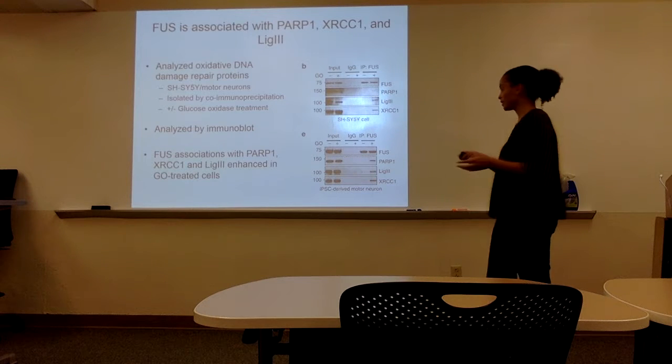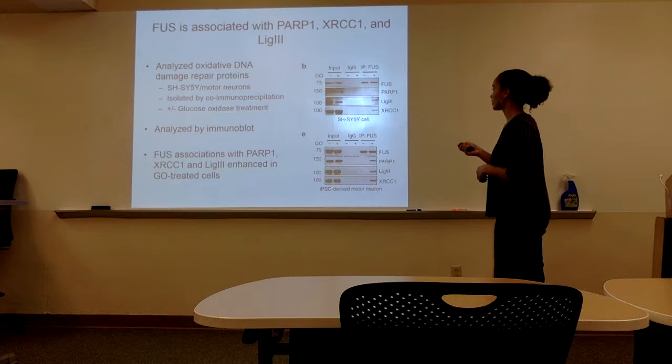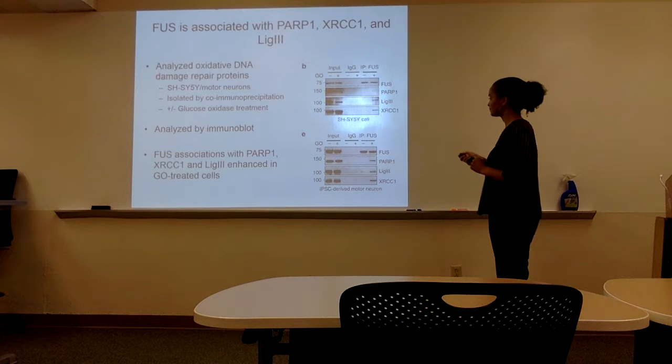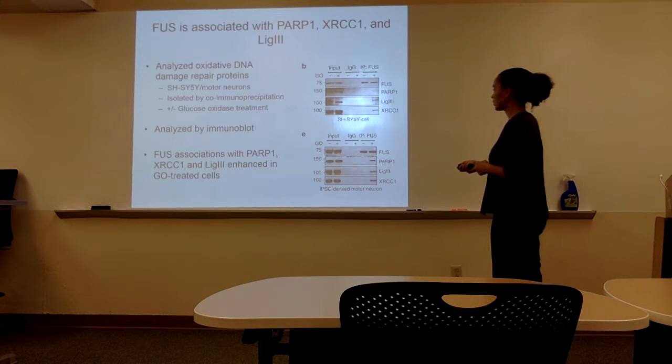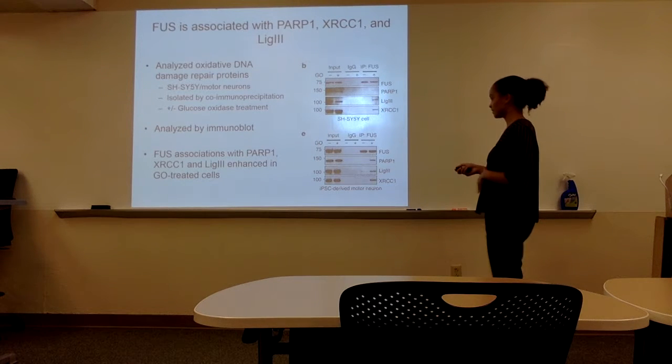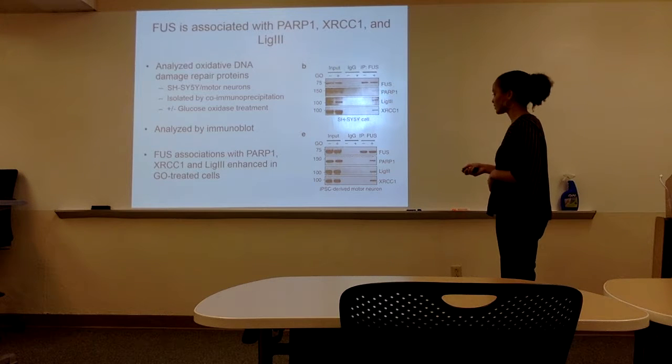With glucose oxidase treatment, all of them show some sort of presence with the FUS. And the results here are similar in the motor neuron, where there was no glucose oxidase treatment, and there was barely any presence of these proteins here.